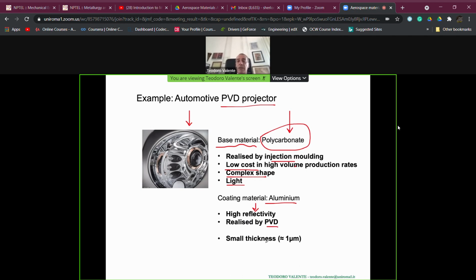And this can be achieved, for example, by using surface engineering technology to coat these polymeric-based materials with a very small thickness, just 1 micrometer, thus combining the reflectivity properties of the aluminum alloys with the positive features in terms of ease of fabrication, cost, and lightness of the base polymeric material.